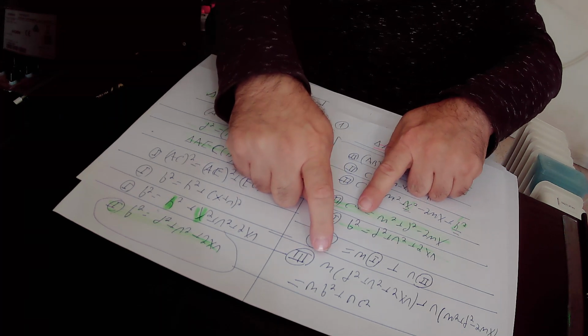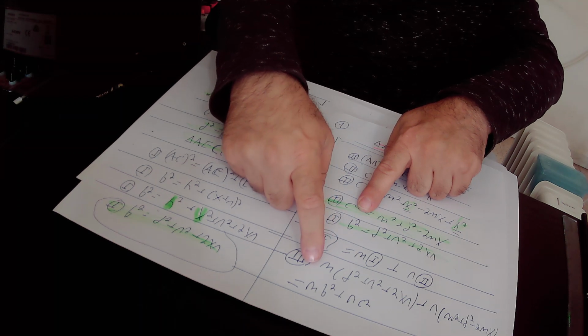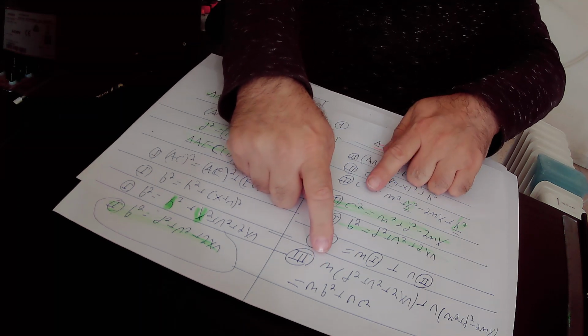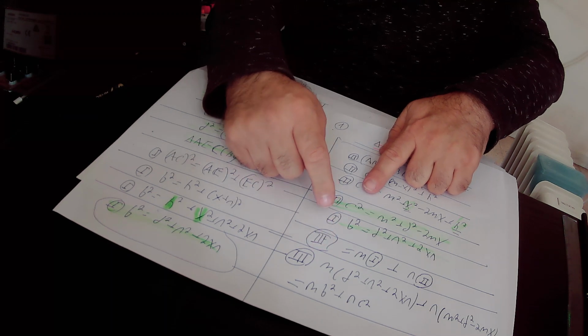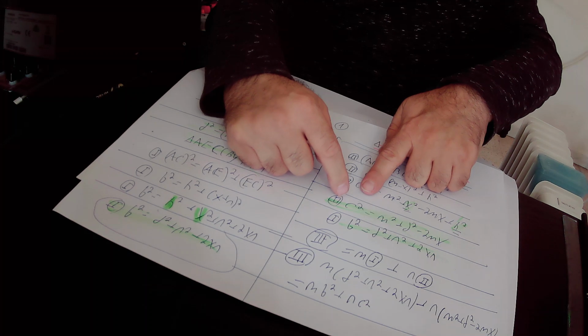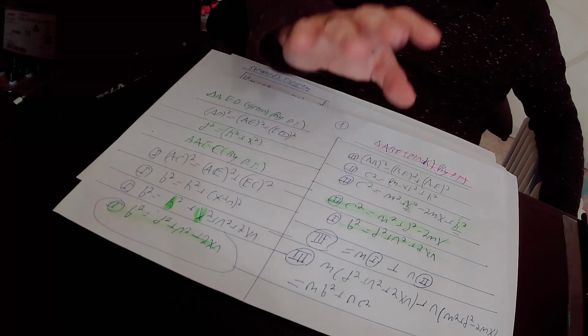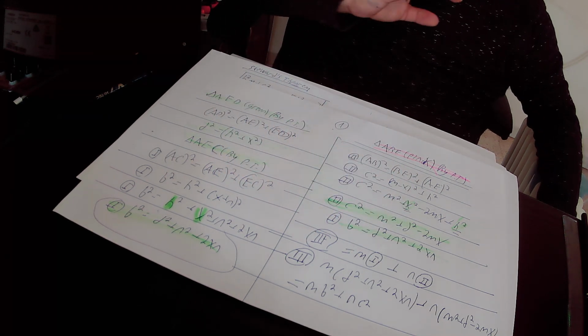In the left side we have bm, and so when we multiply it by m, it will be mb squared plus the multiplication of the left side of equation number 2 by n. In the left side we have c squared, therefore it is n times c squared. Okay, in this way, this is equation number 3.